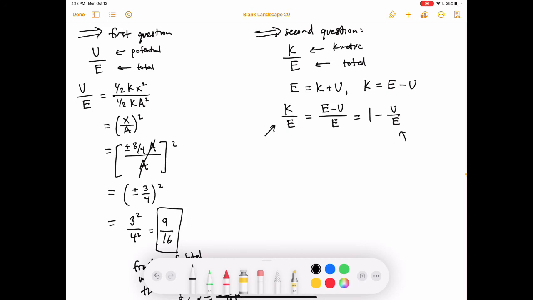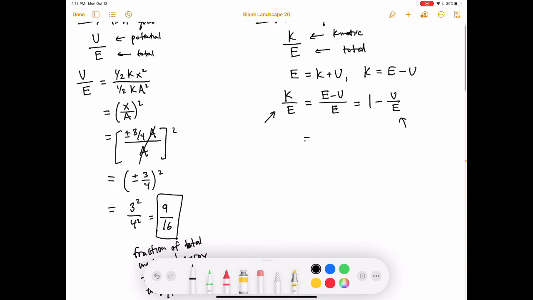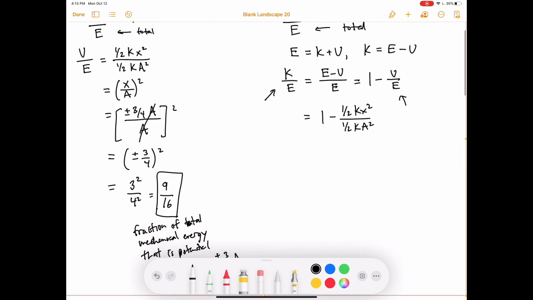So, okay, in this case, it's useful to write U as 1/2 times kx squared, and we can write E as 1/2 times ka squared, just like before. But again, since we're dealing with the fraction that's kinetic, we're doing 1 minus x divided by a, all squared, after we cancel the 1/2 k factors on the top and bottom.